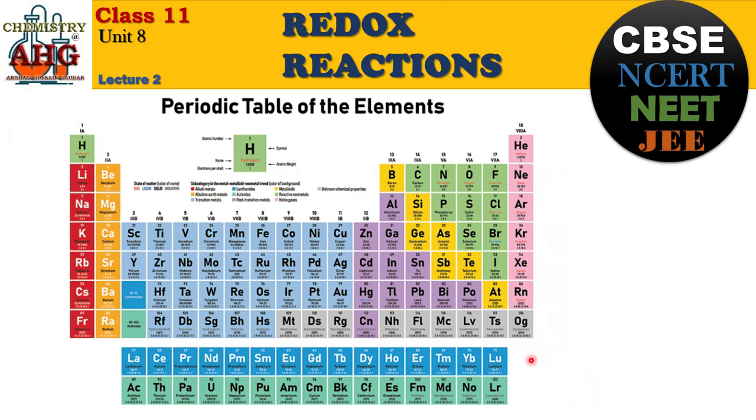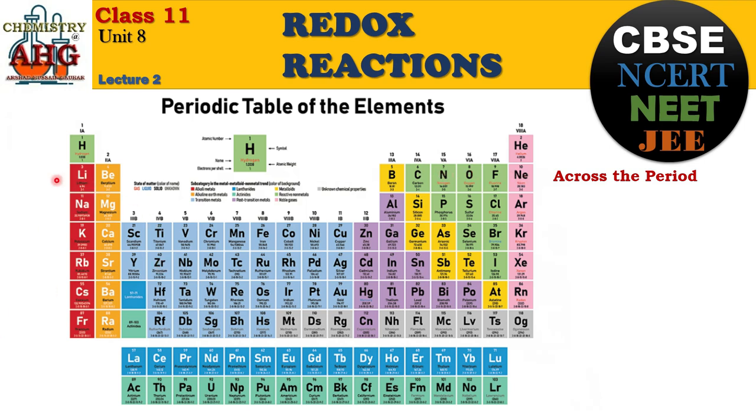If we are moving across the period, you know what periods are: a period is a horizontal row in the periodic table. If we move from left to right, we are moving across the period. If I move from lithium, atomic number 3, beryllium 4, 5, 6, 7, 8, 9, 10.